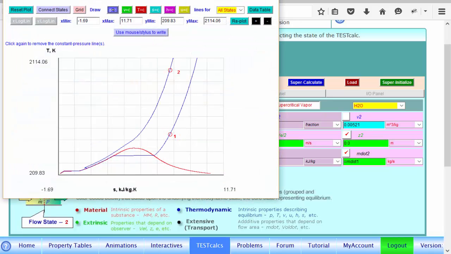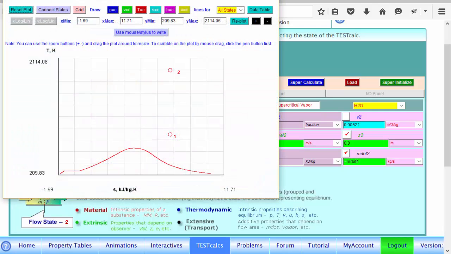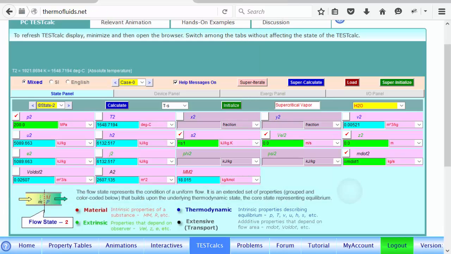So if you draw the constant pressure lines, notice we find state 2 to be higher than state 1. So this can be a teachable moment. What mistake did we make? Obviously state 2 we expect to be lower than 1.